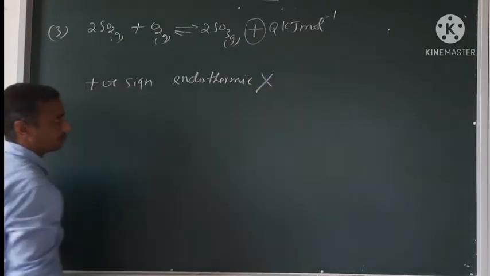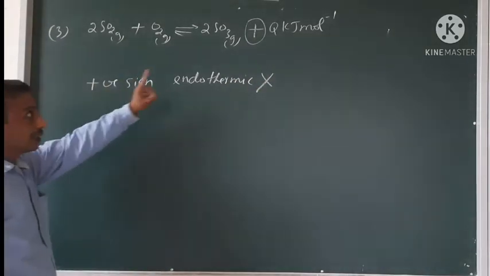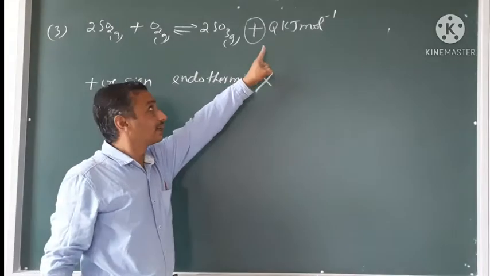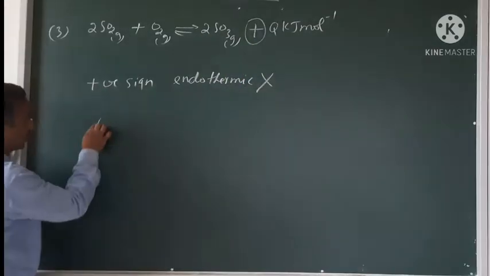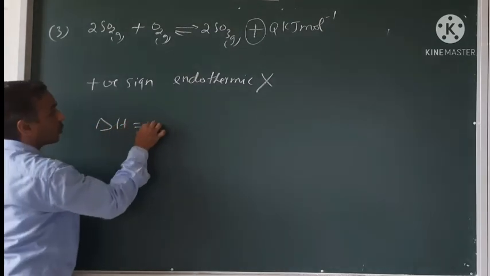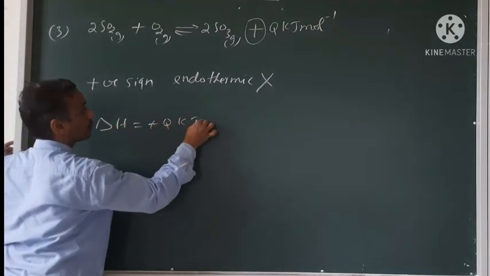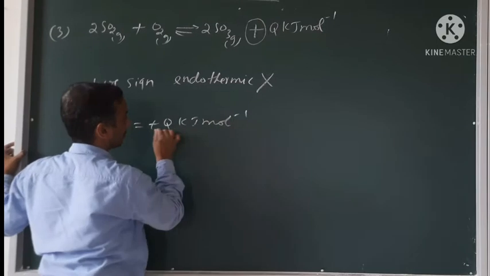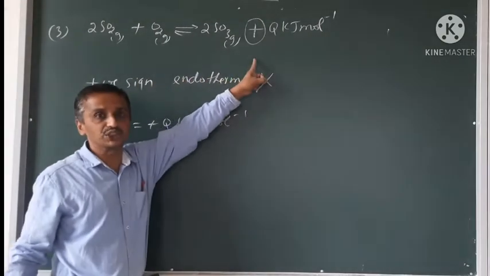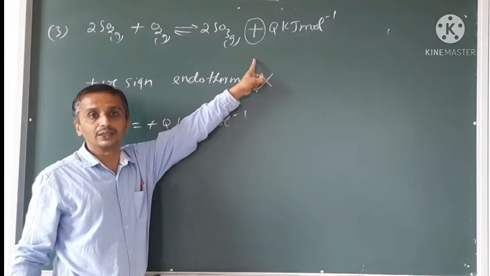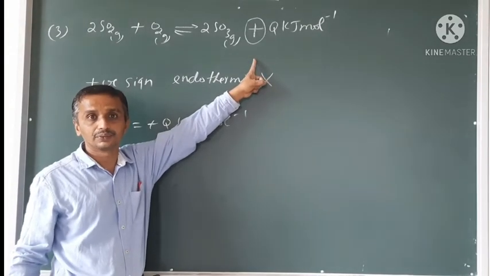This is wrong. See, I did not say Q is the delta H value. I did not say delta H is equal to positive Q kilojoules per mole. I did not use the symbol delta H over there.